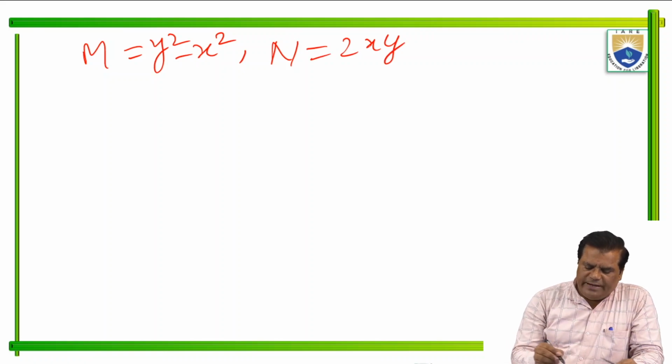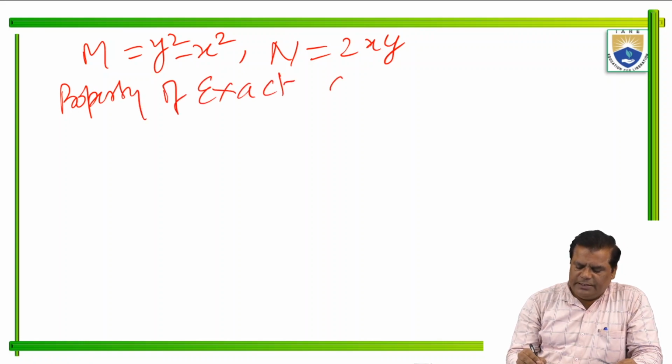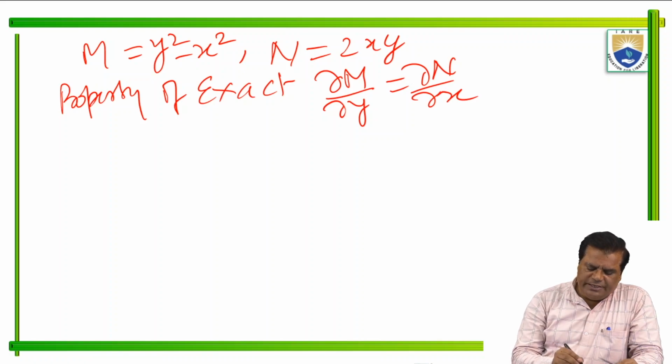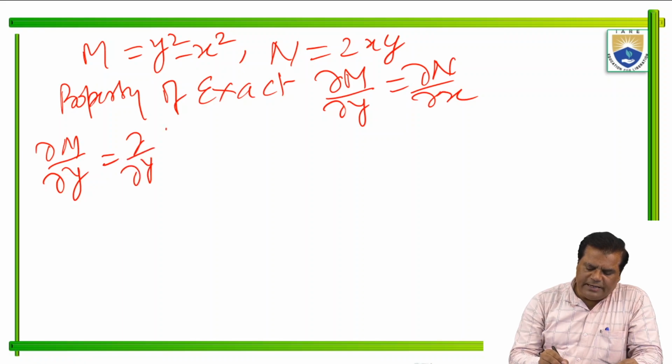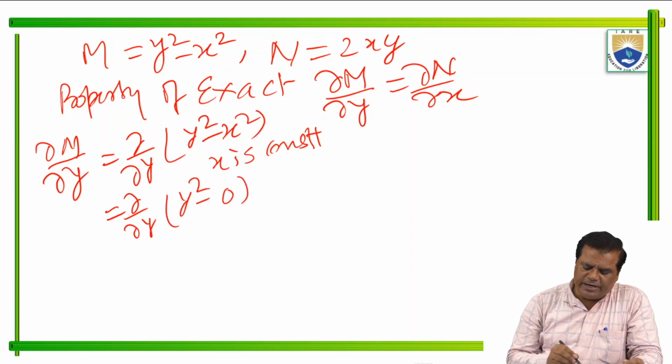The property of exactness is del M over del y equal to del N over del x. Differentiating, del M over del y equals del over del y of (y square minus x square). Here x is a constant, so del over del y of y square only, and x square gives 0. So this is 2y.